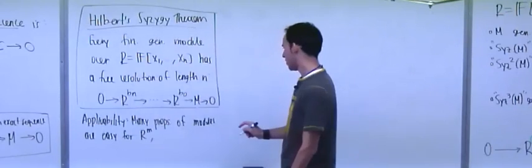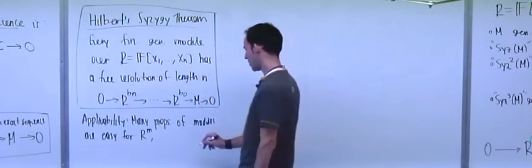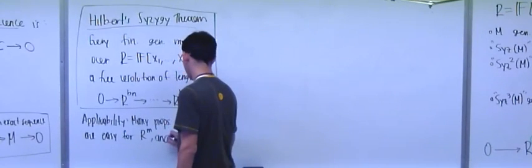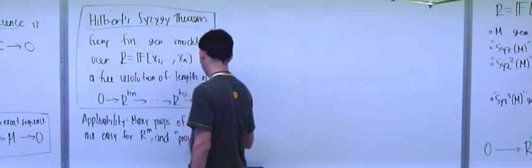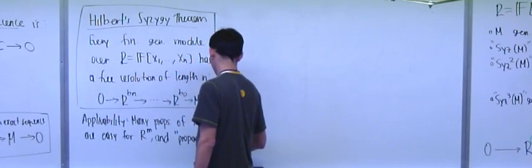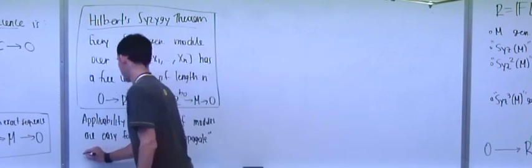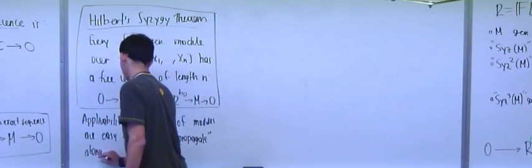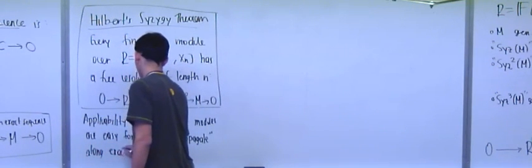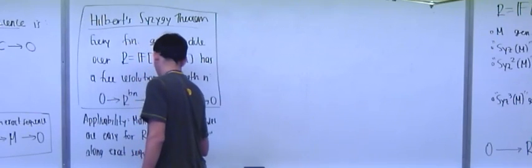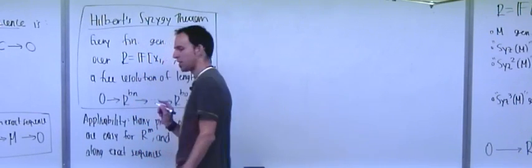thing. So I should say many properties are easy for R to the m, and I put in quotations, "propagate" along exact sequences. I don't know, probably for many of you, this is the first time that you see an exact sequence.